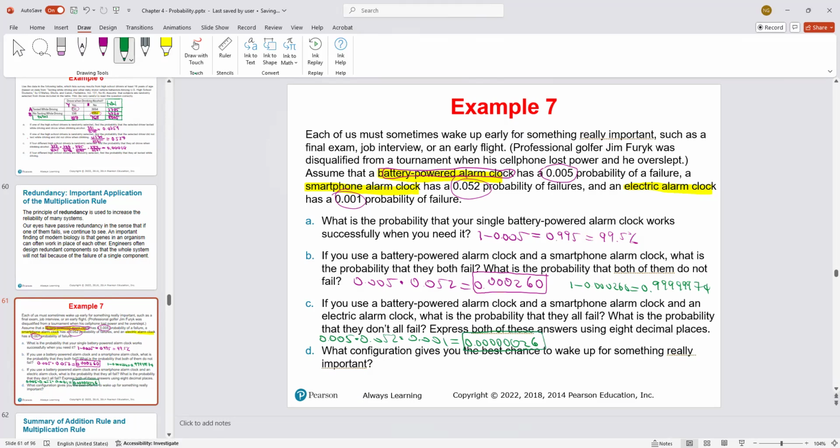The same thing, if they ask you to express these answers using 8 decimals, I believe that's 8 decimals, right? Not sure about the answers. So my answer for the second one, what's the probability you don't fail?